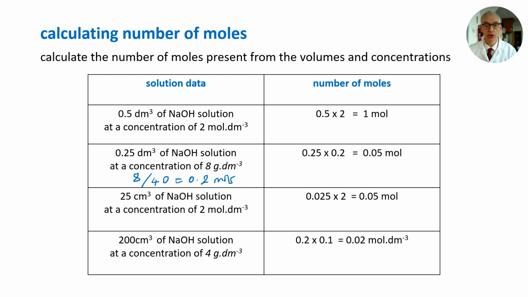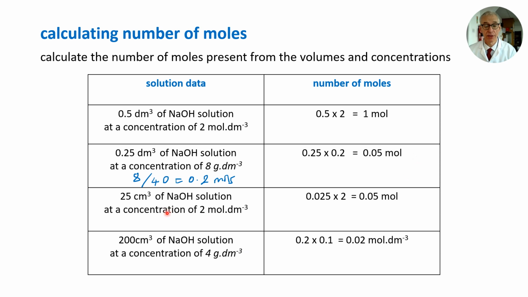So our concentration is 0.2 moles per decimeter cubed. 8 grams is 8 over 40 moles, so dissolved in solution the concentration is 0.2 moles per decimeter cubed. So our volume times the concentration gives us our number of moles.